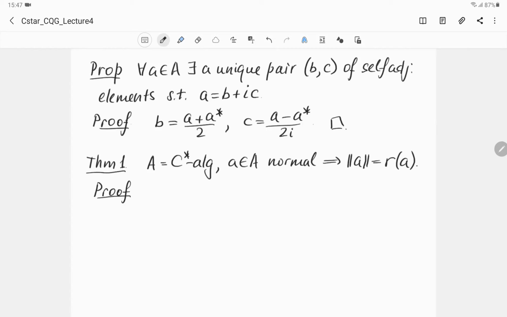To prove this result, first of all, we observe that for each self-adjoint element in our algebra, we have the following equality, which follows from the C-star axiom. Let's now extend this equality to normal elements. To extend it to normal elements, we substitute here a star a. We know that a star a is self-adjoint, so we get the following.